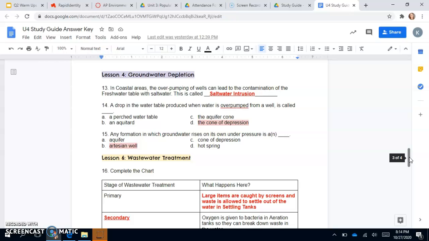Normally, the salt water doesn't get into the well because the fresh water is pushing against it. But if you are overpumping, it's almost like a sucking motion where you suck the salt water into the well, and that is not good.